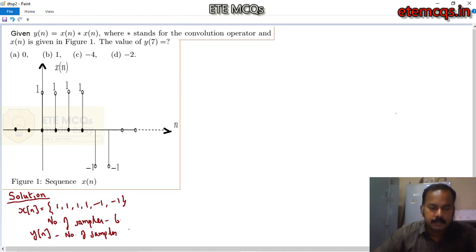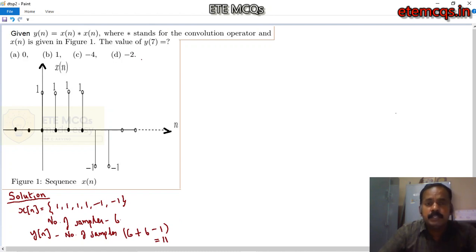That is the basic formula. n1 refers to the number of samples in the first sequence, n2 refers to the number of samples in the second sequence. In this case, n1 and n2 both happen to be 6, so 6 plus 6 minus 1 is equal to 11. So the output y of n will have 11 samples. And we are supposed to find y of 7.